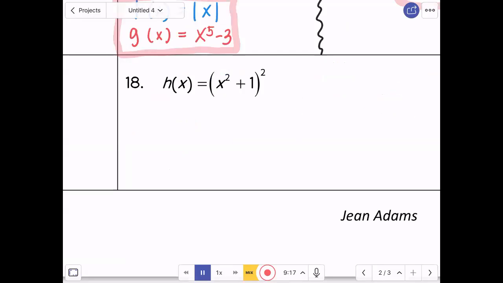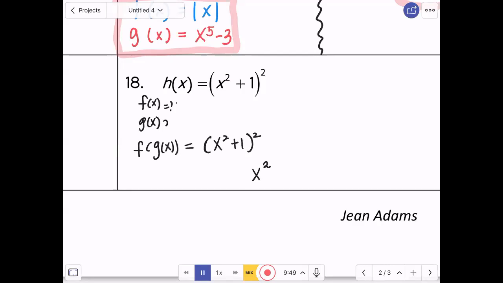For 18, we are also looking for f of x and g of x. f of g of x is given, which is x squared plus 1, all squared. From this function, I see two different functions. One is x squared, which I see from this parenthesis.